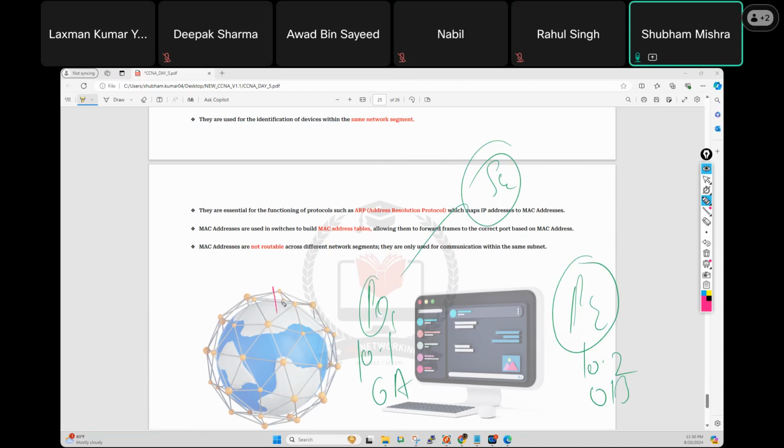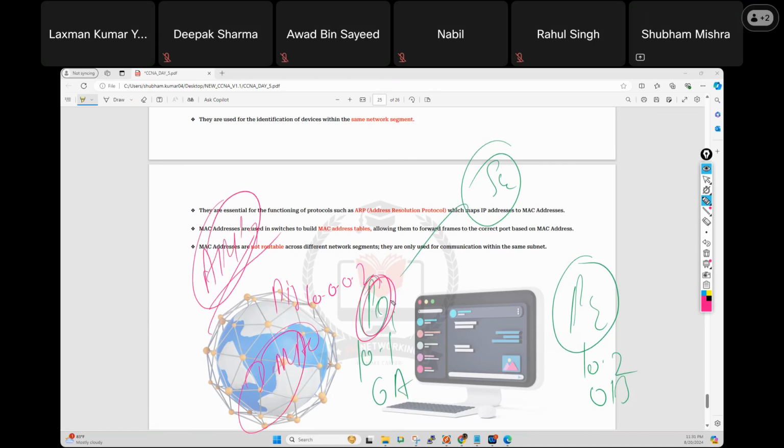Let's suppose here you write ping 10.0.0.2. This PC generates the ARP request first because this PC wants the destination MAC address, because from this PC you are initiating the ping. Clear? It will be waiting for the ARP.